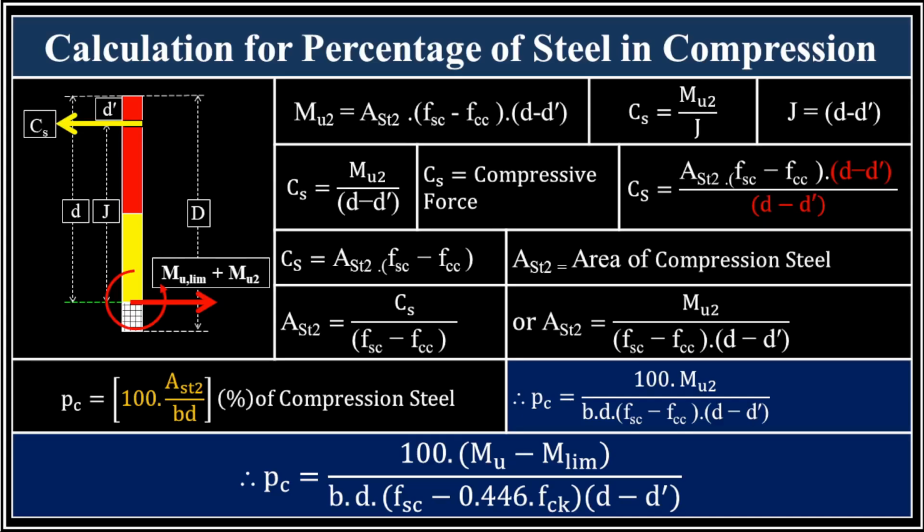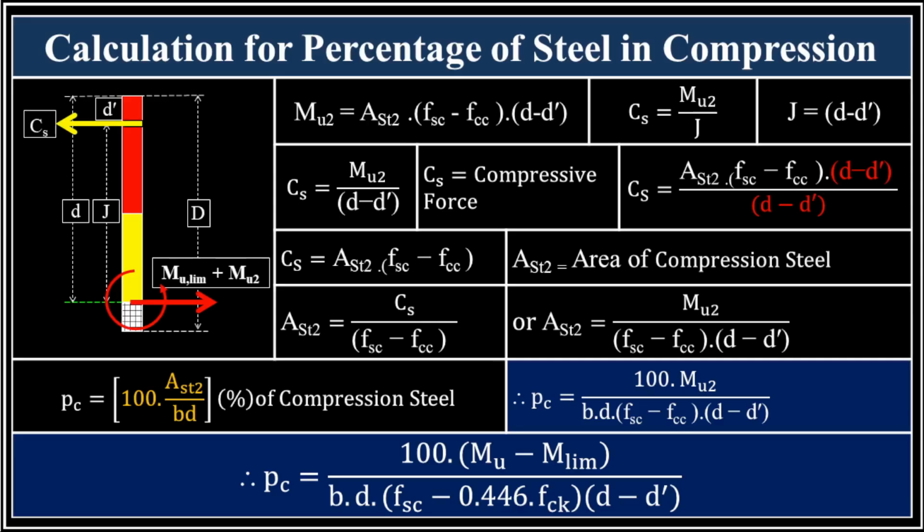Finally, we come to the calculation for the percentage of compression steel, denoted as PC. Here, B is the width of the beam and D is the effective depth. Substituting the expression for AST2 from the Mu2 relationship, we get PC equals 100 multiplied by Mu2, divided by B multiplied by D multiplied by FSC minus FCC, multiplied by d minus d dash.